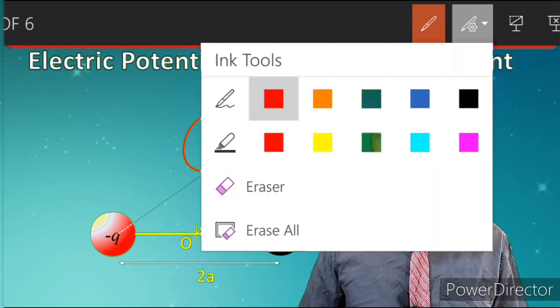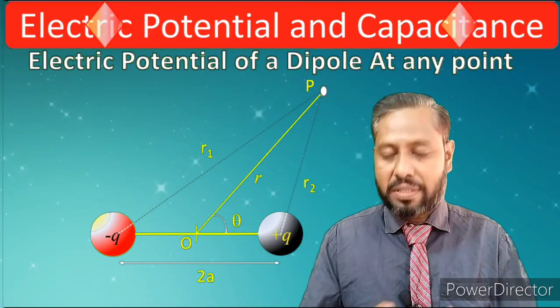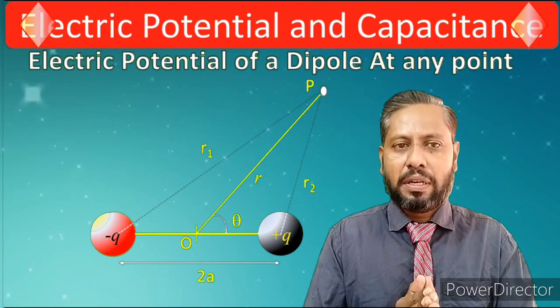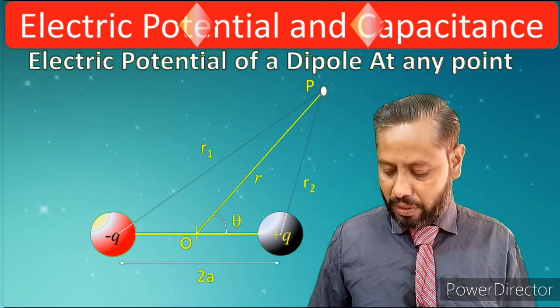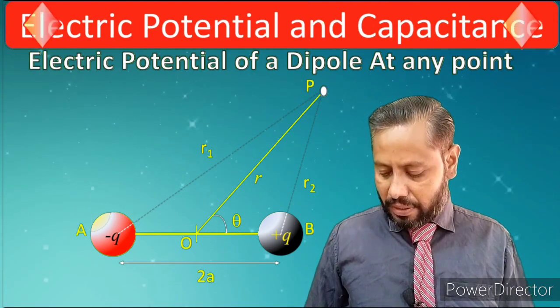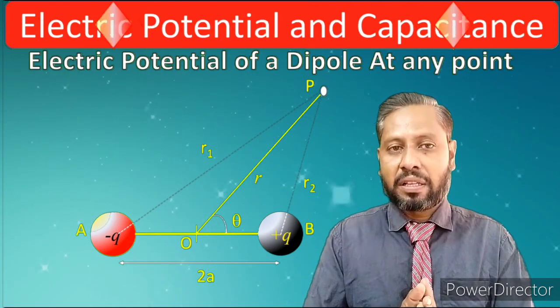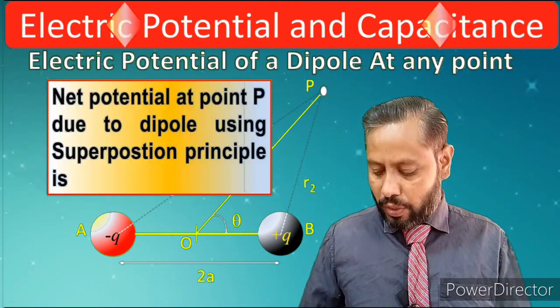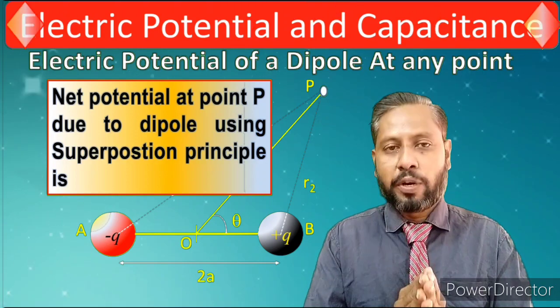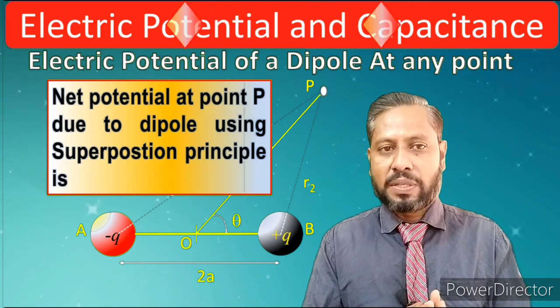Now to find the electric potential of this dipole at point P, we can again apply the principle of superposition. Let A and B be the positions of the negative charge and positive charge for simplicity. So the net potential at point P due to the dipole, using the superposition principle, we can find out.